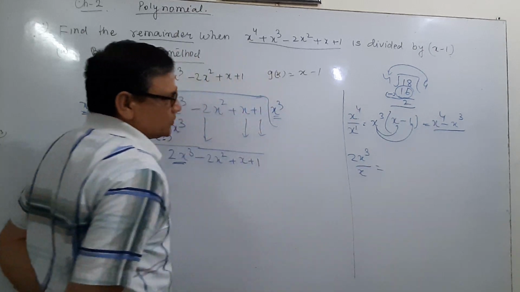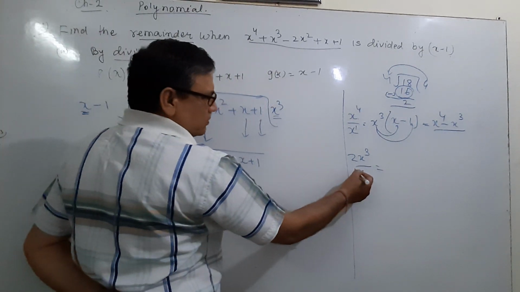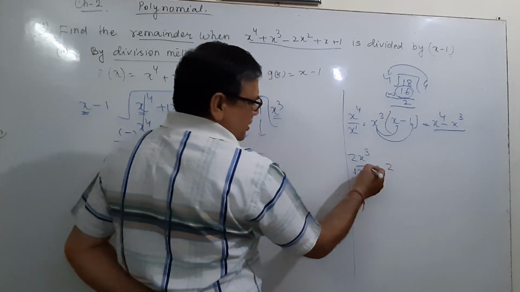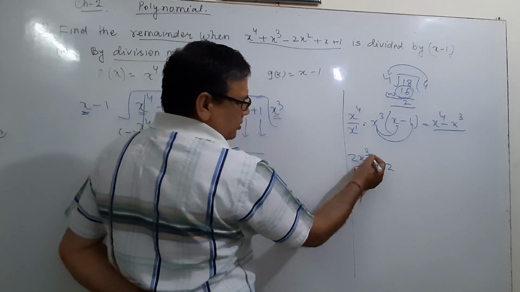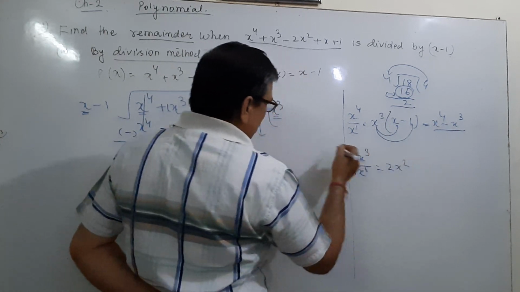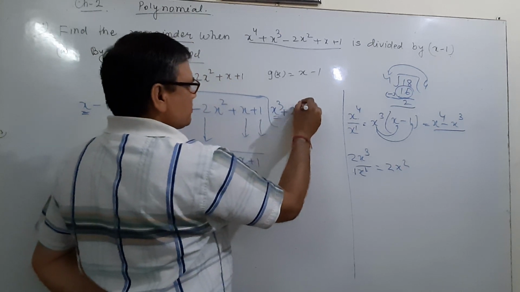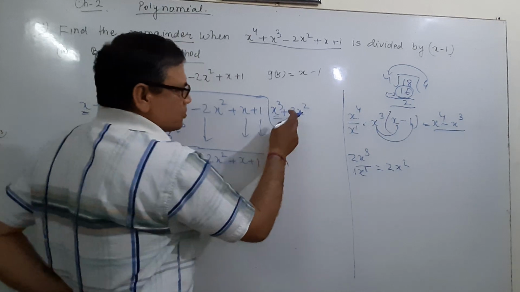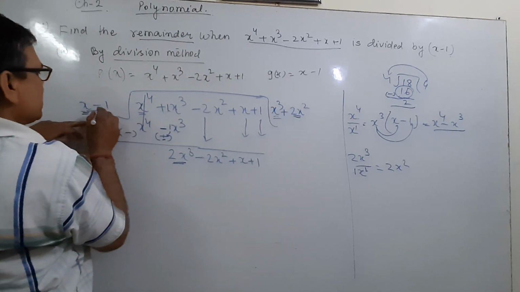What is your answer? Tell me. 2 divided by 1 is 2. Here is power 3, here is power 1, so 3 minus 1 is 2. So x to the power 3 minus 1 is x power 2, plus 2x power 2. This is the quotient. Now we have to multiply 2x power 2 by x minus 1.